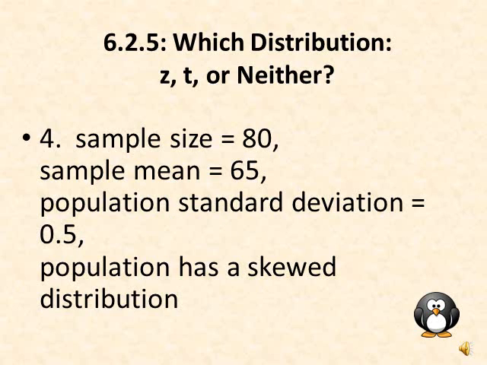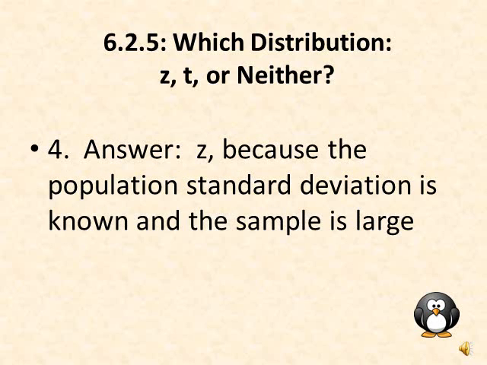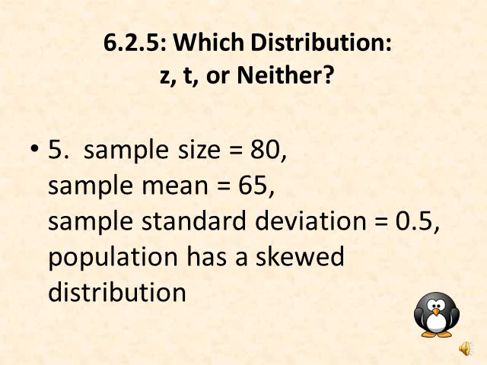4. Sample size equals 80. Sample mean equals 65. Population standard deviation equals 0.5. Population has a skewed distribution. The answer is Z, because the population standard deviation is known and the sample is large. 5.